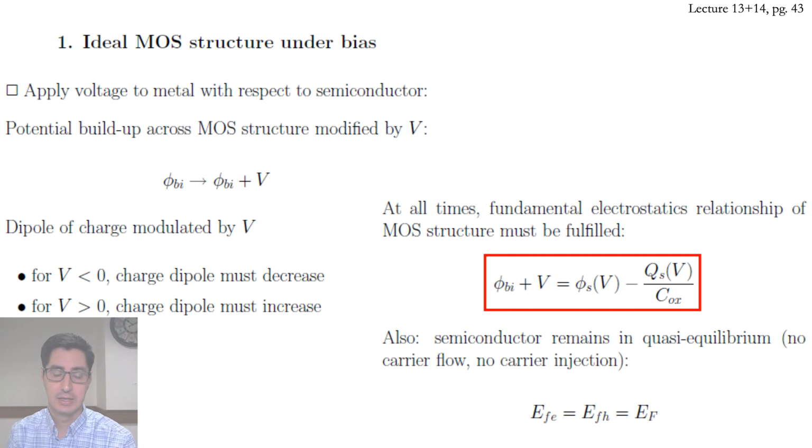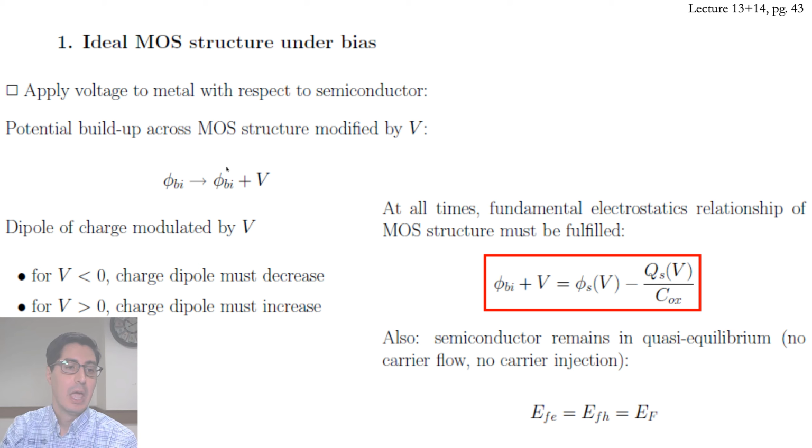for our metal-oxide semiconductor structure, we have some phi bi, some built-in potential that's equal to the difference in the work functions between the metal and the semiconductor. And with the bias, the new effective built-in potential will now be phi bi plus V, as shown right here.